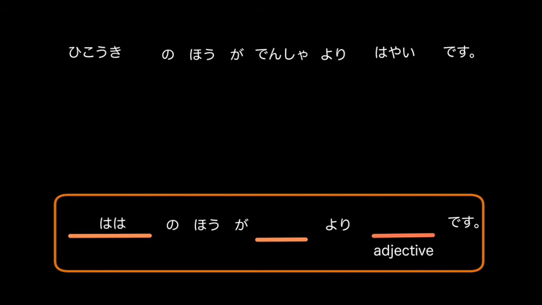Haha no hou ga chichi yori kibishii desu. My mum is more strict than my dad. Haha no hou ga chichi yori kibishii desu.